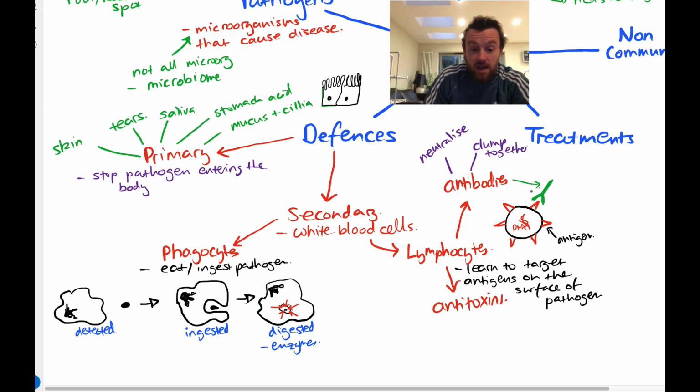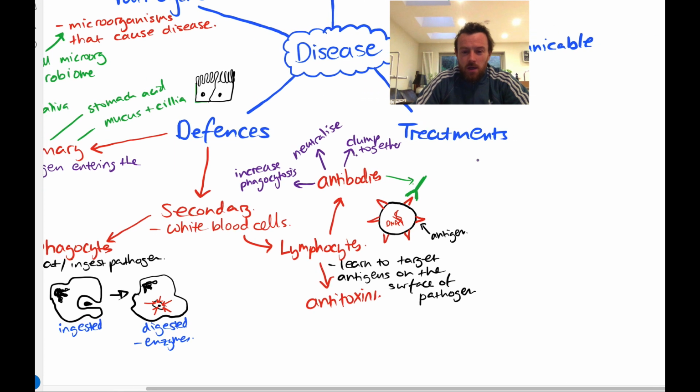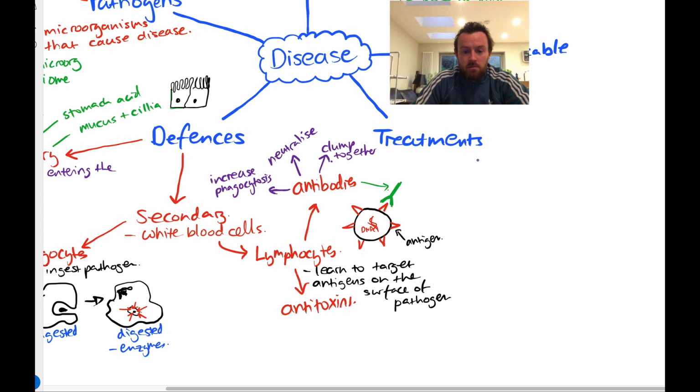And also they can increase what is called phagocytosis. They can mark the virus or the bacteria for eating, and basically they tell the phagocytes, eat this. Okay, that is most of that.